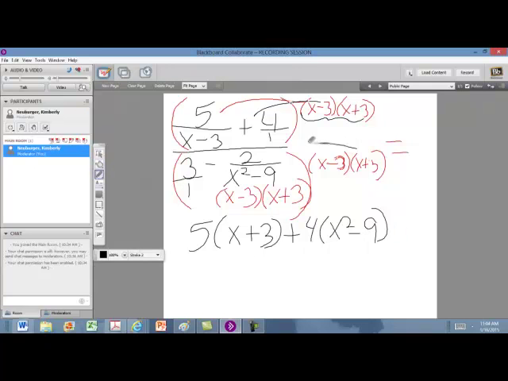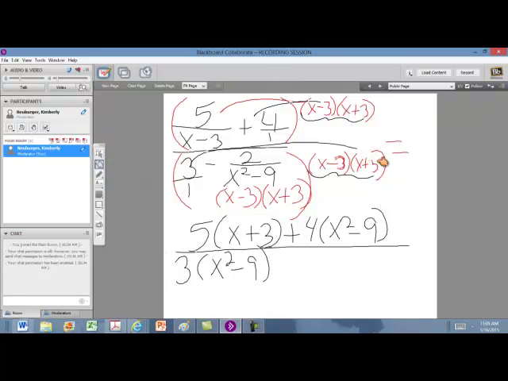Now for the next one, we're going to take this times that, which again is 3 times x squared minus 9. Since nothing canceled, it was best to take this and put it in its original form, since this is the same as that. However, when we multiply this times the second fraction, all of this cancels, and we just have a minus 2, like you see there. So now, let's go ahead and simplify this.